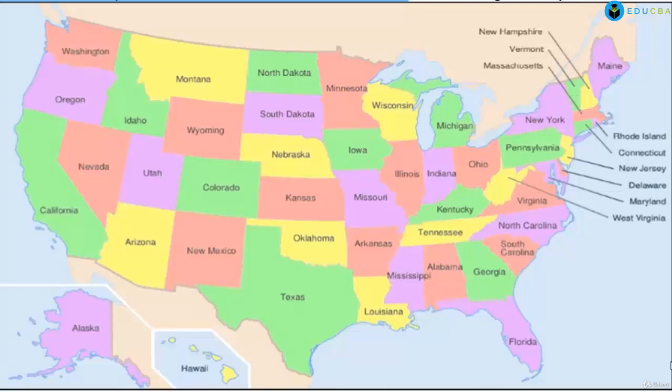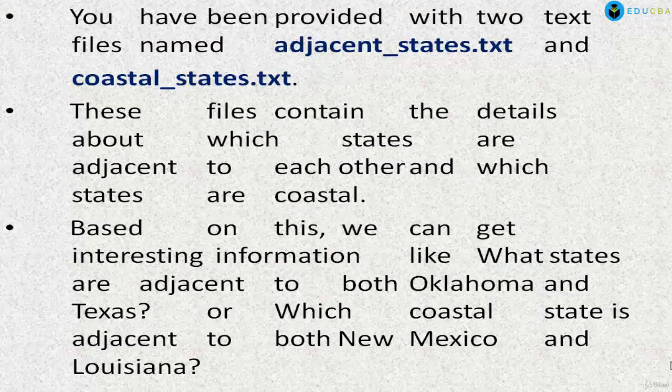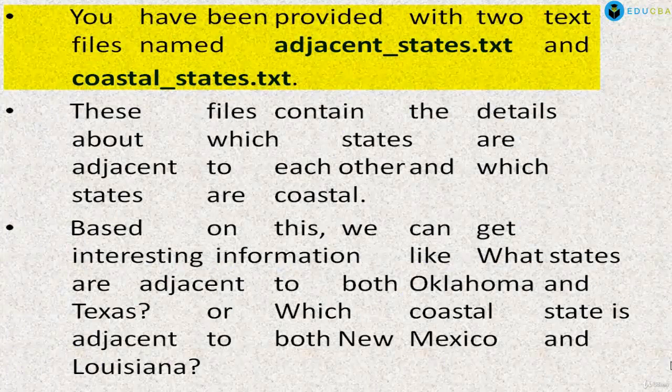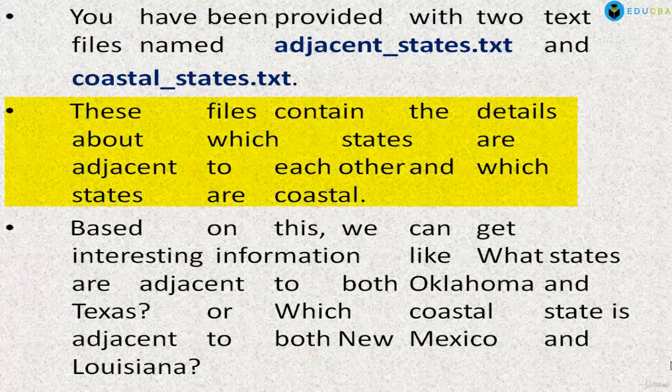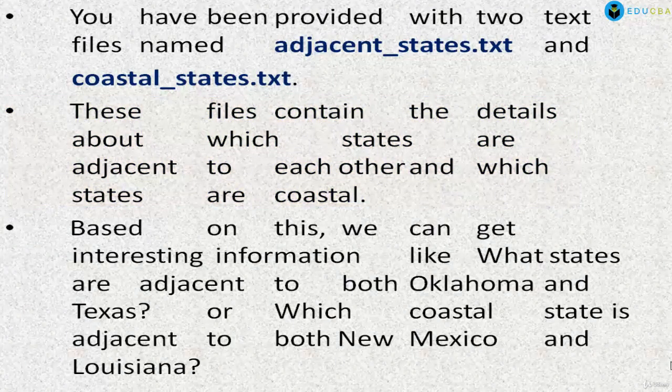We have been provided with two text files named adjacentstates.txt and coastalstates.txt. These two files will be provided to our program, and they contain the details about which states are adjacent to each other and which states are coastal. So these two files are basically representing the information of states in the US.